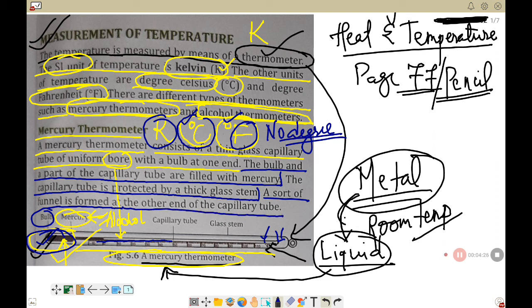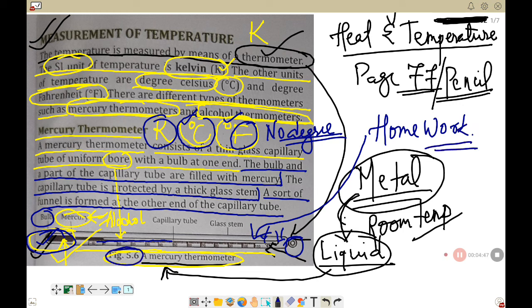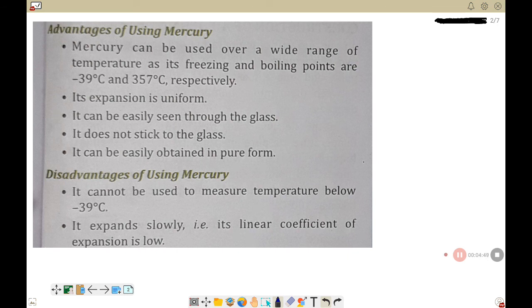So यहाँ चाहिँ के छ? एउटा sort of a funnel यहाँनिर. Understand? So this is how your mercury thermometer looks. Okay, so please draw this. This is your homework, to draw the mercury thermometer, that is figure number 5.6.